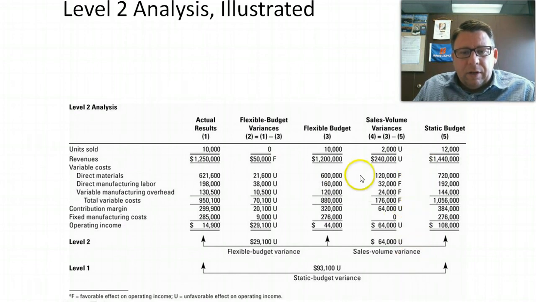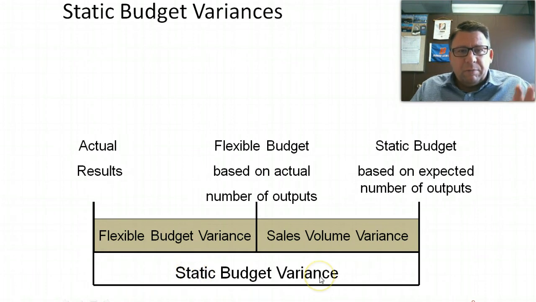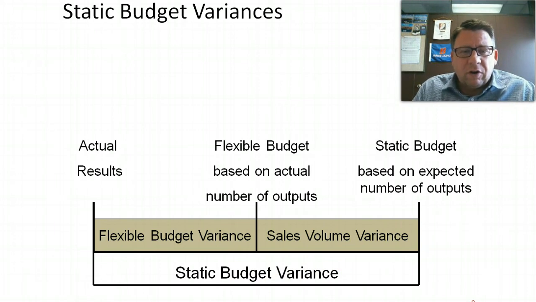And in doing so, what we create is the sales volume variance and the flexible budget variance. So our static budget variance can be divided into two categories. Sales volume variance. What the sales volume variance tells us is how much of our overall variance was caused by our sales volume being different than what we thought it would be.